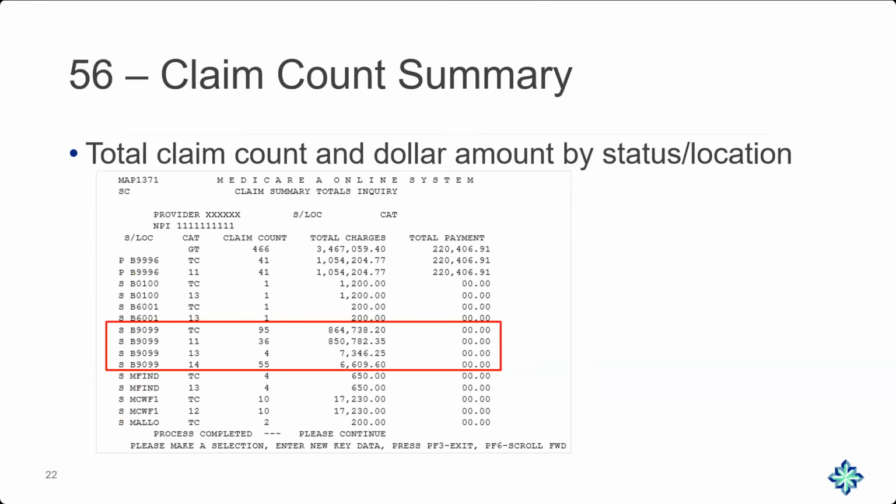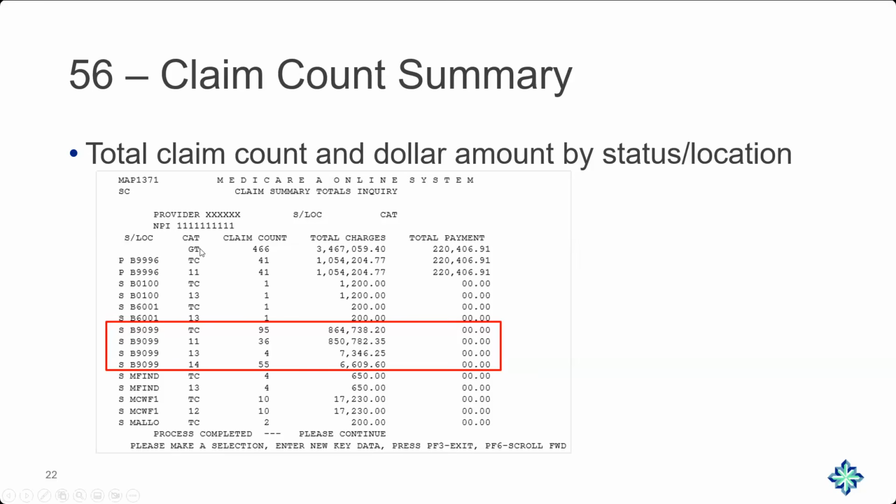You can use this screen to automatically see how many claims you have in a different status location on any given day. In the category column, which is right here, CAT for category, I just want to define a couple things here.